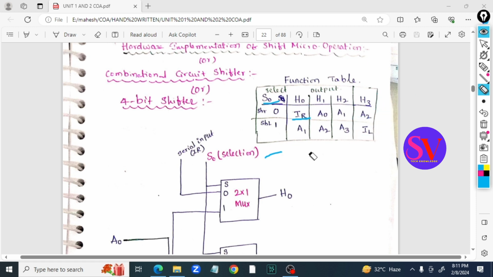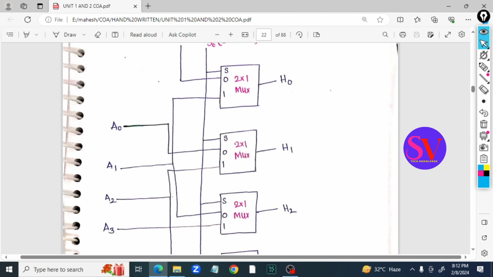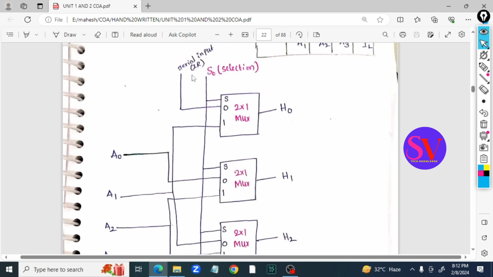Based on this function table, I am going to build a 4-bit shifter hardware implementation. Here we have serial input IR and selection line S0. Why? Because we have only two options: it should be either left shift or right shift, so one selection line is enough. One is IR, one is IL, and the others are A0, A1, A2, A3.